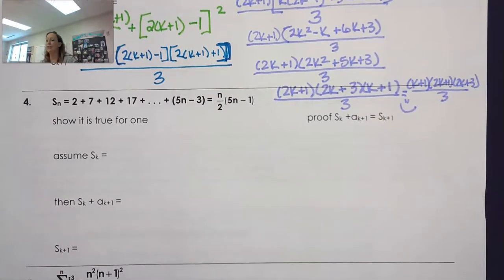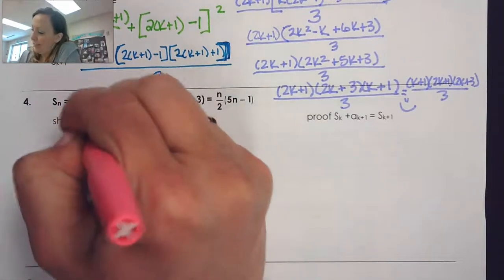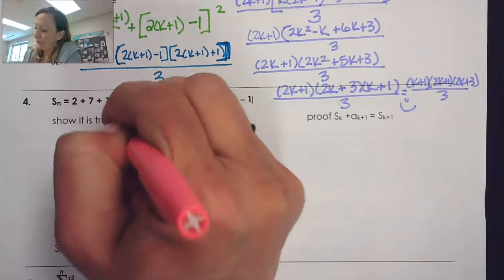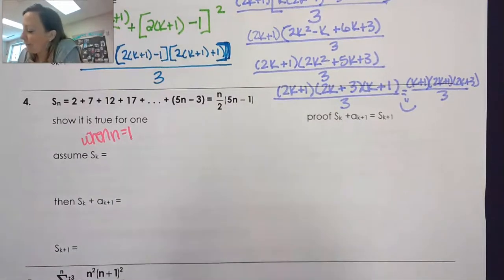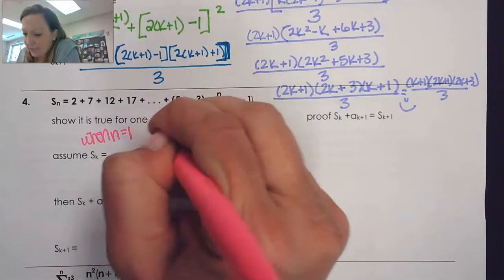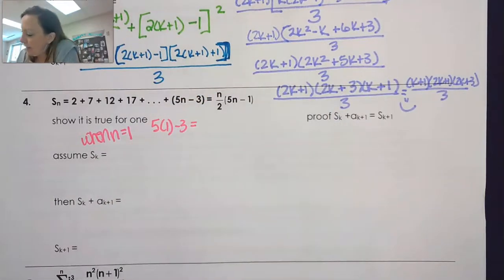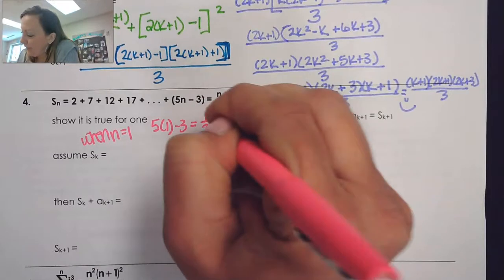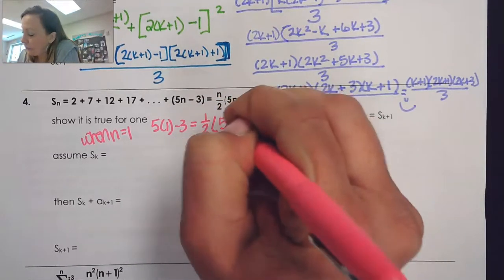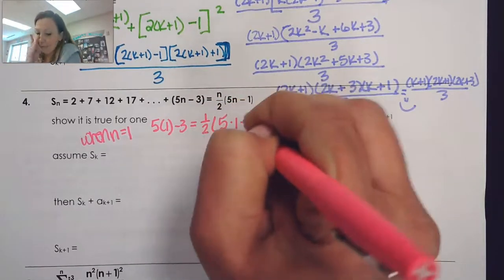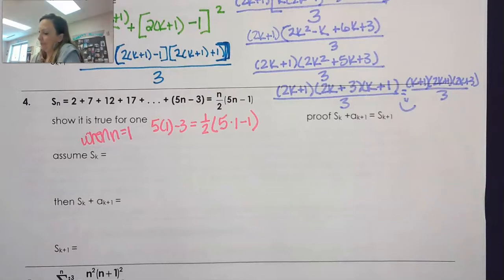So let's start by showing that it's true for 1. So when n equals 1, I'm going to have 5 times 1 minus 3. And I want to prove that that's the same as 1/2 times 5 times 1 minus 1. Okay.